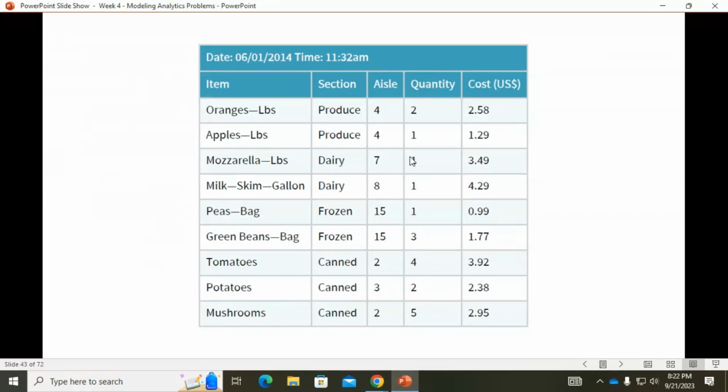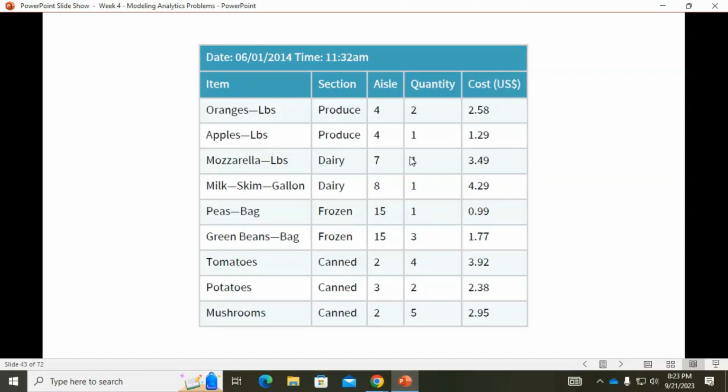Nominal. Yes, it is nominal, so can you explain? It doesn't have an order, and it's not numeric, right? So it's a category. There's no order, and it's not numeric data.